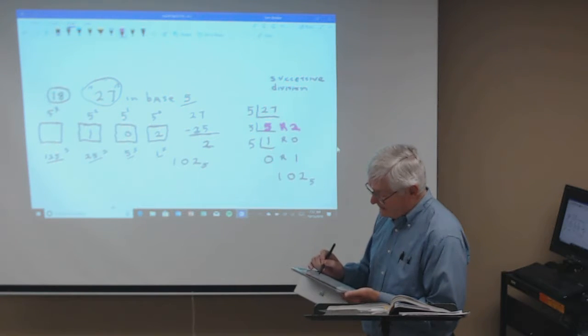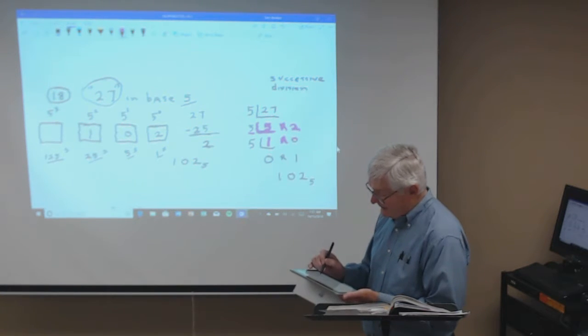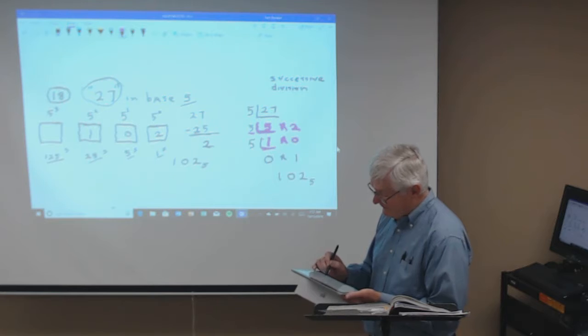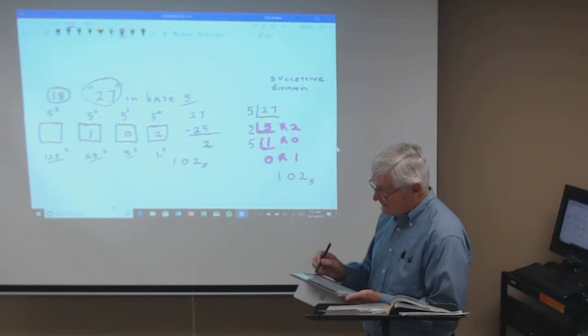Then I take this and divide by 5, and I get 1 with a remainder of what? 0. Then I take this and divide by 5, and I get 0 with a remainder of what? 1. So what's the answer?